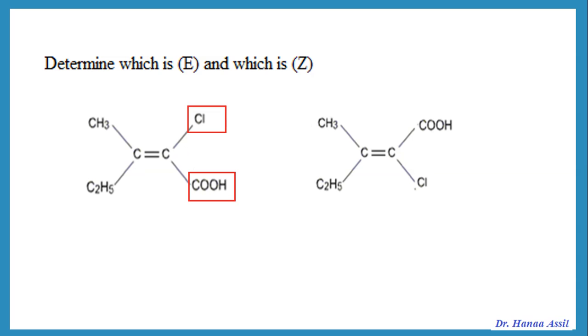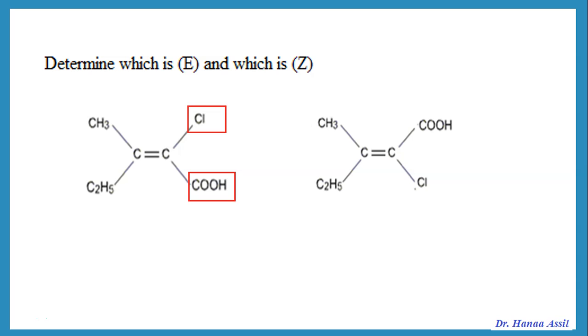Now if we look on the other side, which one has higher MR? Well, comparing chlorine to carbon, remember we are comparing the atom that is immediately bonded to the carbon. And if they are the same, then we look at the next atom that is bonded and so on. So we're comparing here chlorine to carbon, not the OOH.